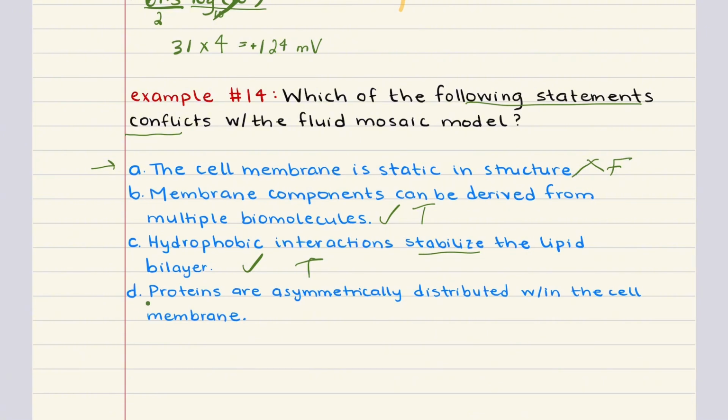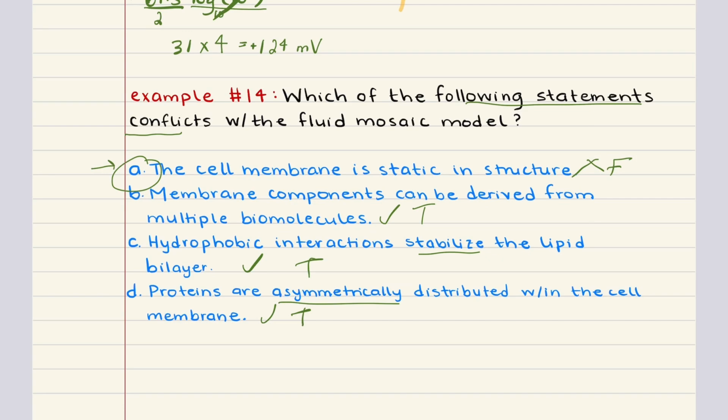Finally, answer choice D says proteins are asymmetrically distributed within the cell membrane. Also true and correct. Certain proteins can face the extracellular space while others face the cytoplasm, and that asymmetry is essential for cell function. So reviewing all of these, the only statement that actually conflicts with the fluid mosaic model is A, because the membrane is not static, it's fluid and dynamic.